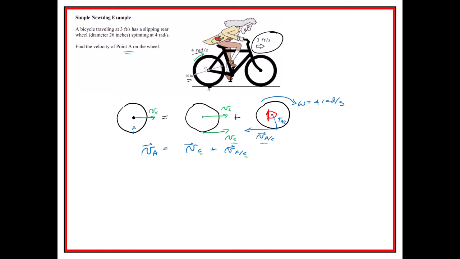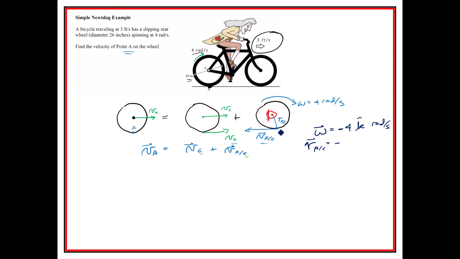And if we were going to use vectors for this, if we're going to use vector math, what we would want to know is that omega is going to be, because it's clockwise, negative 4k radians per second, and we did say that RA with respect to C is actually going to be negative, right?